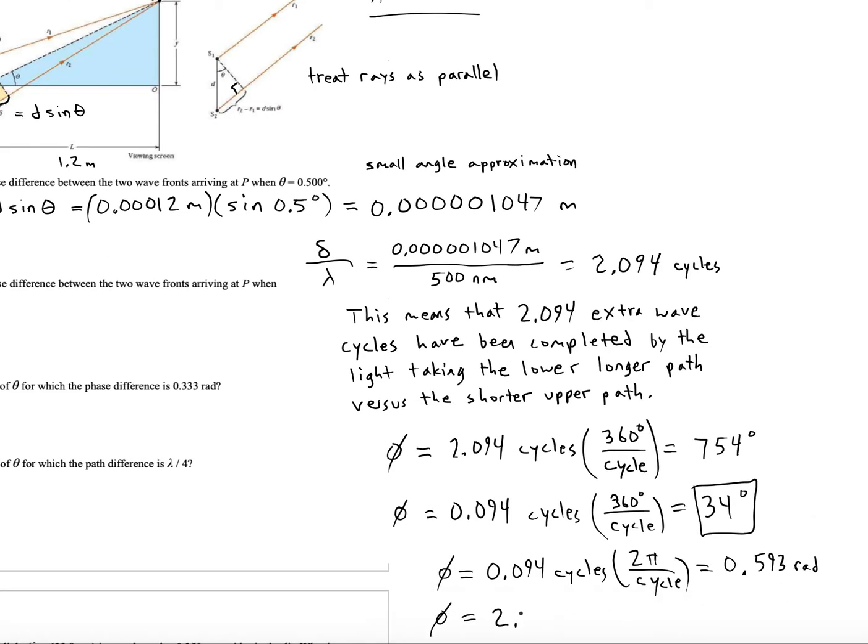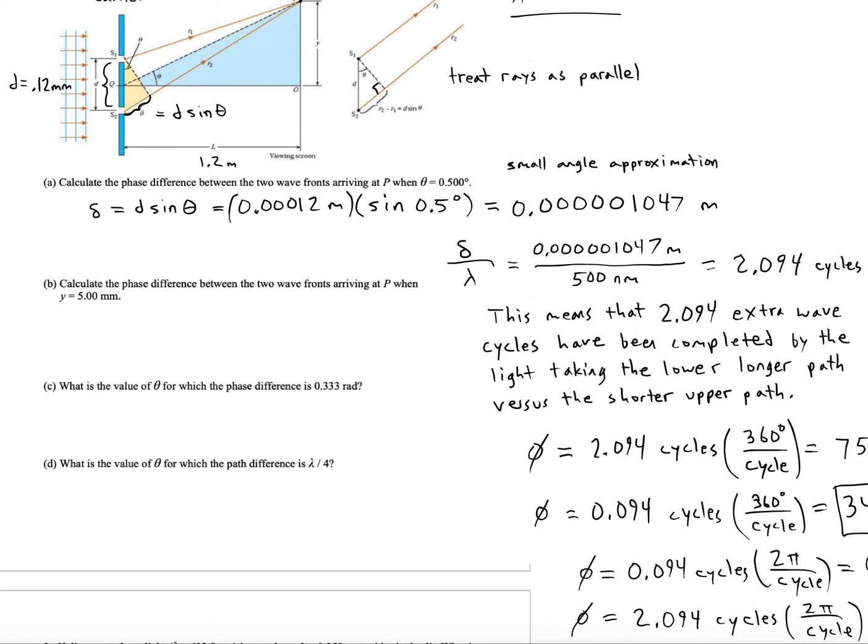If you want to keep the phase difference including all the completed waves, then you would do this. Yeah, it comes out to about 13.2 radians.